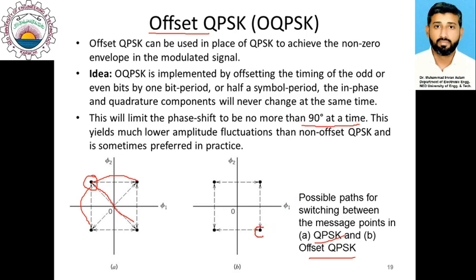If you have a symbol here, it can go to this value or this value. There will be no transition from here to here. In the next symbol there may be a transition from here to here or back to the original symbol, and so on. So the maximum possible phase transition would be only 90 degrees in offset QPSK.